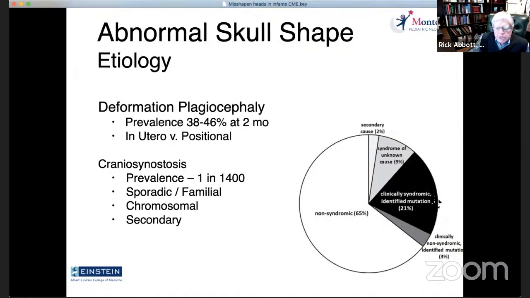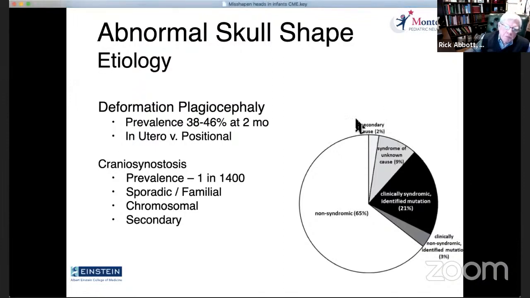With regards to craniosynostosis, about 30% will be syndromic, or associated with other abnormalities in the body, whereas nearly 70% will be non-syndromic and will occur as isolated single suture synostosis.